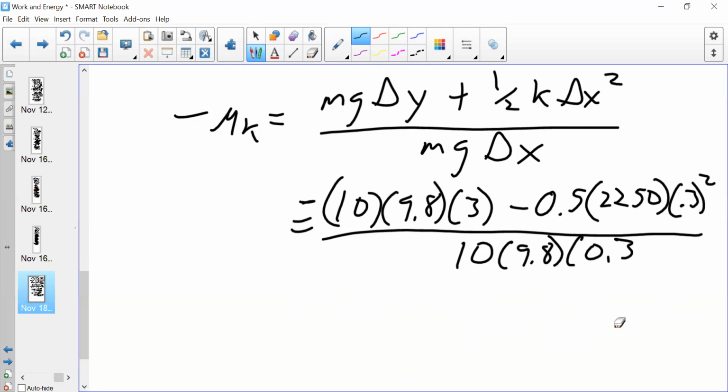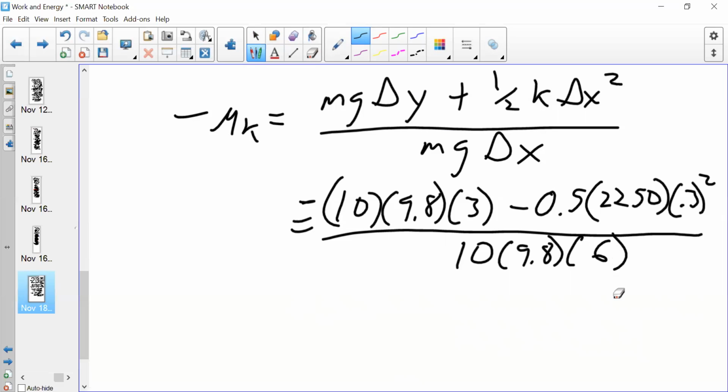And then this will be 0.3, this is going to be 6. And the reason why that's 6 is because that's the displacement over which the block went over the friction surface, 6 meters.